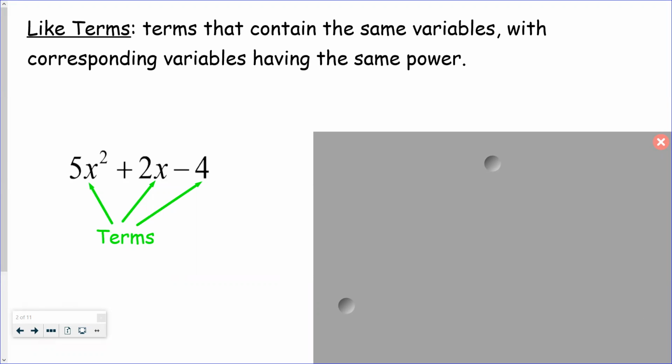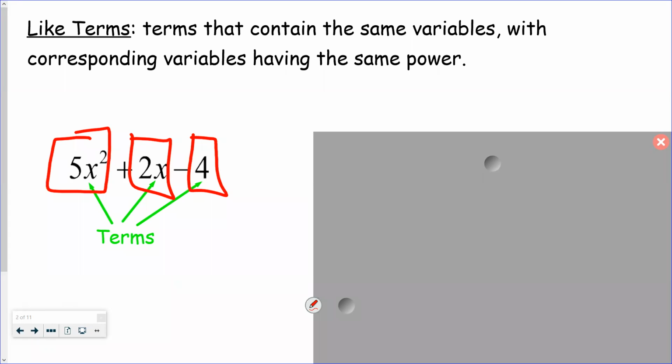Each one of these, so this 5x squared, this is a term. 2x, this is a term, and 4, this is a term. So all of these are what's called terms, but the difference is whether they're like or not. And like means they have the same variable with the same power. So if you look at it, 5x squared and 2x, they both have an x, but because x is squared in one of them and it's not squared in the other, they are not what's called like terms.